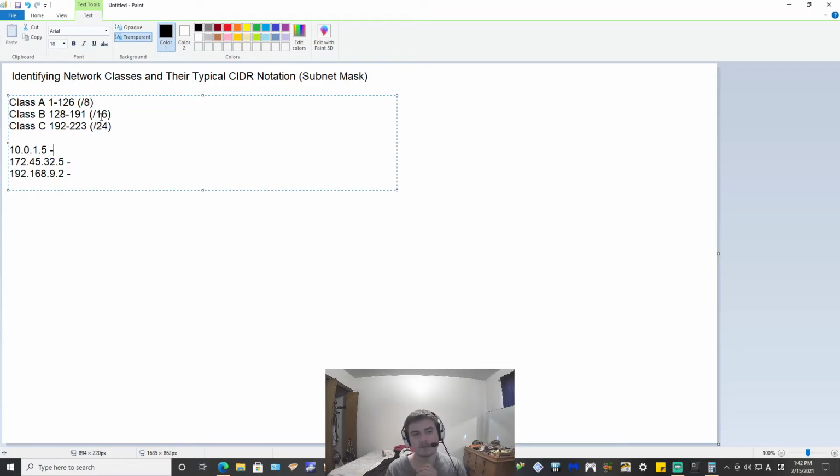Okay, so if you said that 10.0.1.5 is a Class A network, you are correct. Notice the number in the first octet. Is it between 1 and 126? It is 10, so that means it's Class A. Now for the second network, what does the first octet fall under? It falls under 172.